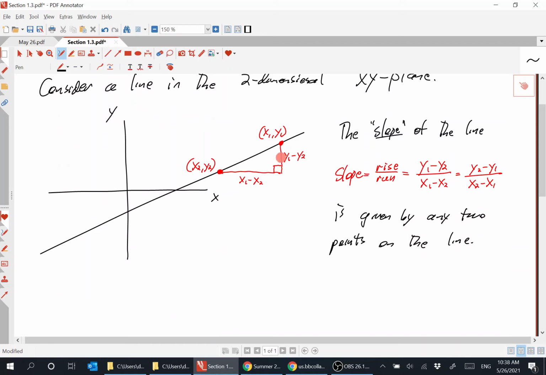If I chose 2 different points, like instead of this point and this point, I took this point and this point, and then I looked at this triangle over here, that ratio is going to be the same thing. The rise and run will be different. I mean, they're bigger in this picture I've chosen here. But that ratio is going to be the same. Okay, that does not change. Any two points will give the same slope.